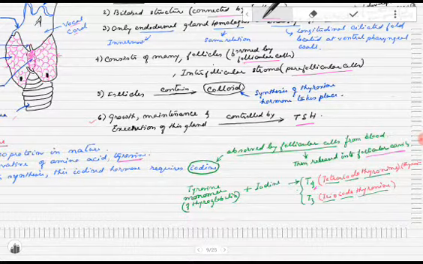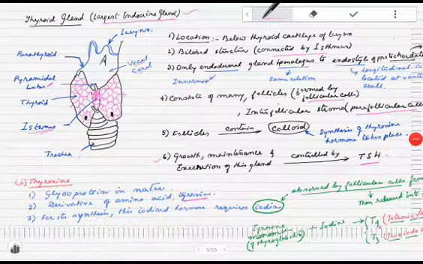And in case of hyperthyroidism, the rate of synthesis and secretion of the thyroid hormone is increased due to its abnormally high levels. It affects the physiology of the body at a tremendous rate.